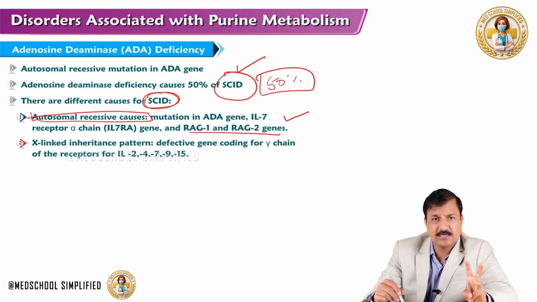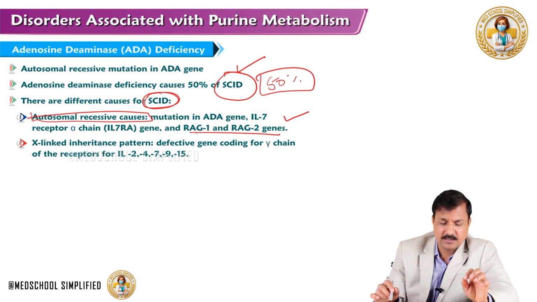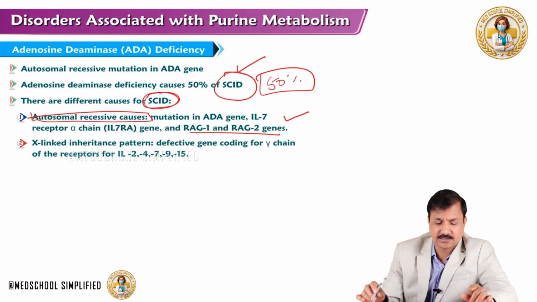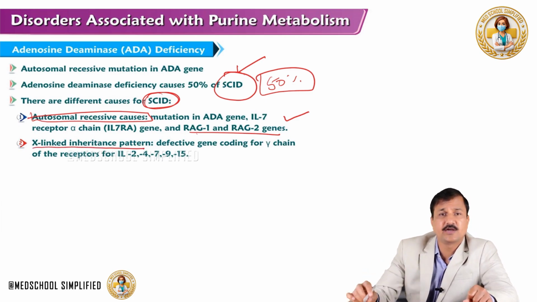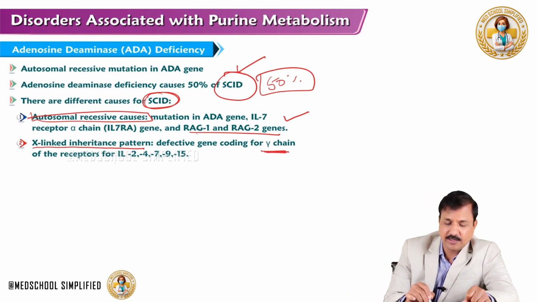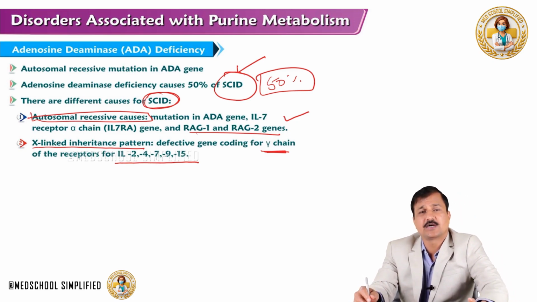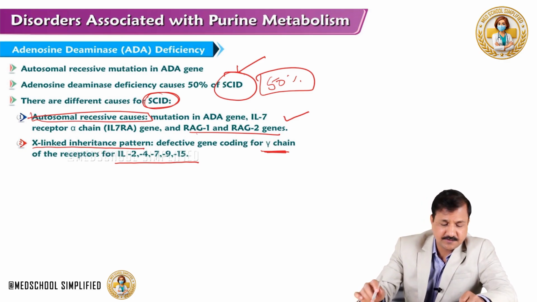Coming to the X-linked recessive inheritance pattern, it is because of a defect in the gene coding for the gamma chain of interleukin 2, 4, 7, 9 and 15. So these are the causes for SCID, severe combined immunodeficiency disease.